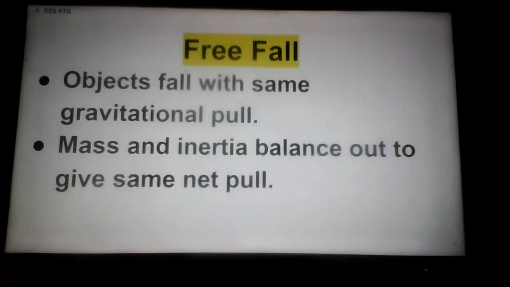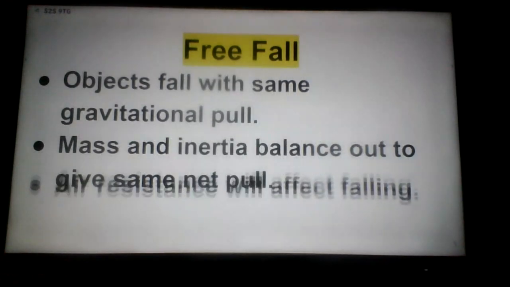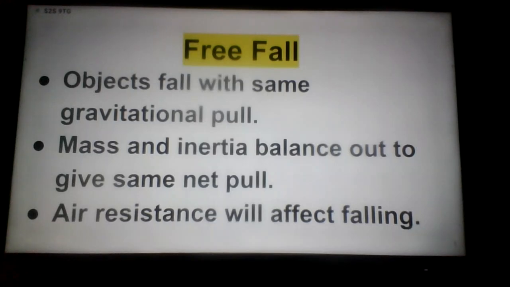There's always a force pushing things up. Mass and inertia, which means a resistance to a change in motion, are going to balance each other out. You're going to get the same net pull. So gravity pulls on every object exactly the same. It's just that objects that meet more air resistance will fall more slowly.